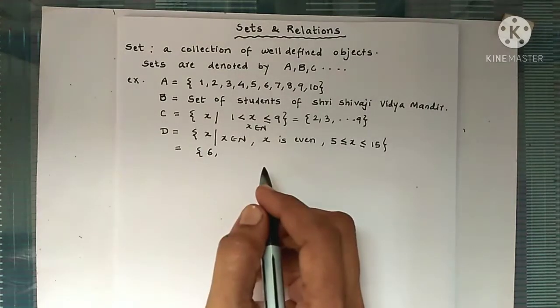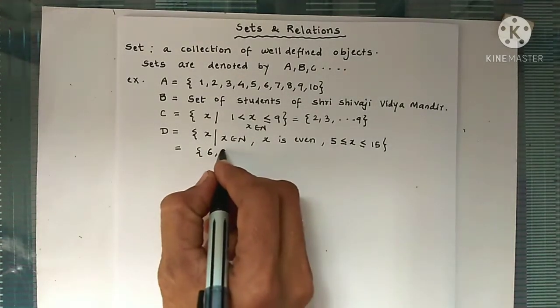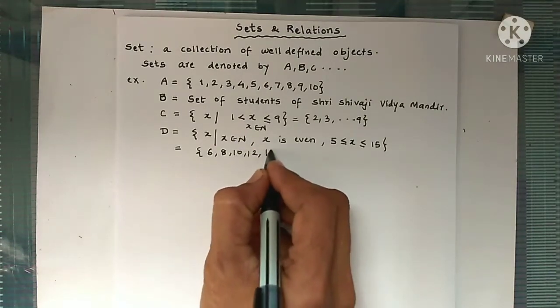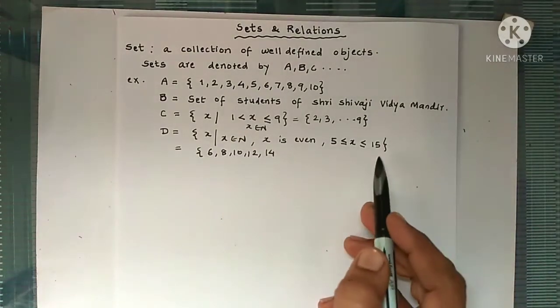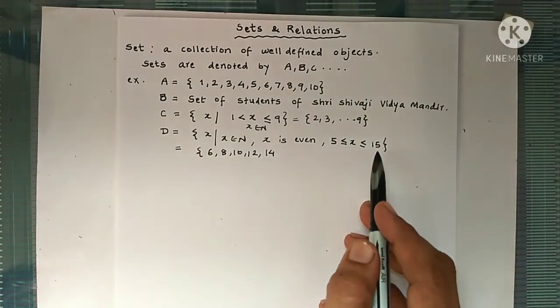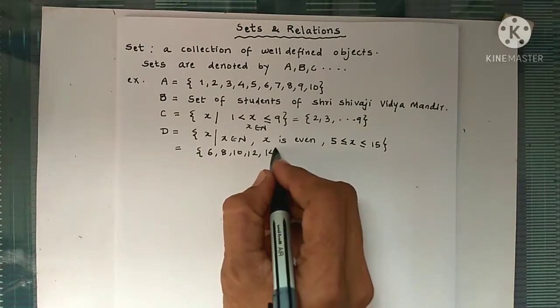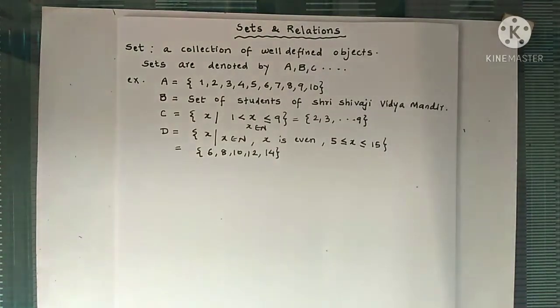Then the next even natural number is 8, then 10, 12, 14, the next one is 16, but we have to list numbers up to 15 only. 16 is greater than 15, so we cannot include 16. So set D contains 6, 8, 10, 12 and 14.